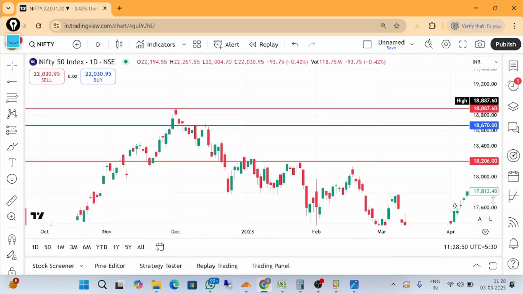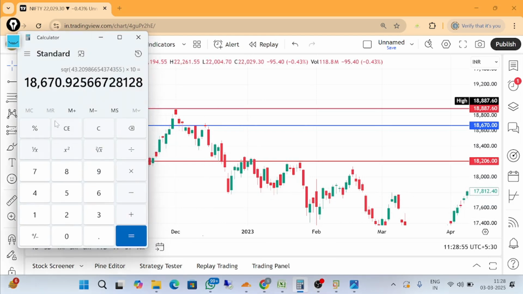Again we will take one more 4-digit number, that is again 18887.60 divided by 10, giving the 4-digit number, minus 0.5 and square.